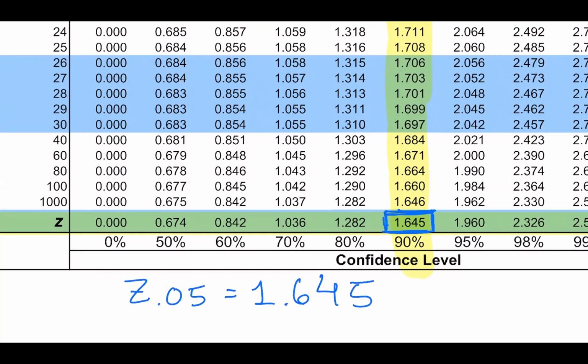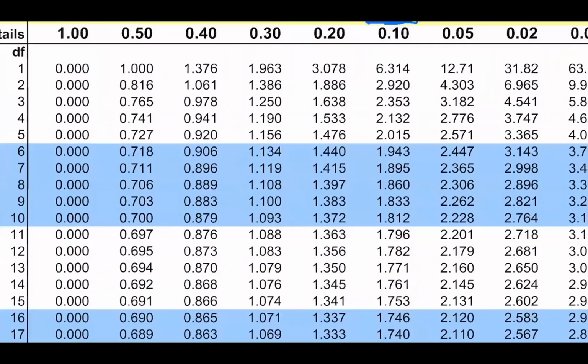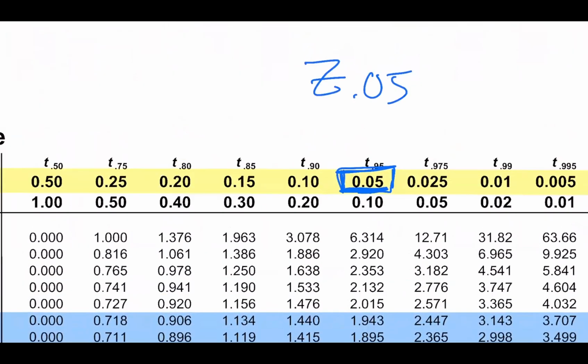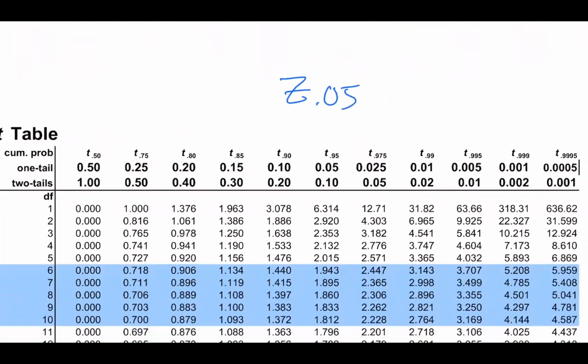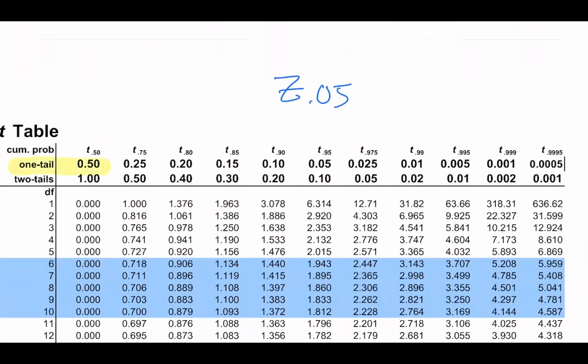Do you mind doing it one more time? Yeah, sure. So let me erase everything. All right, so right here where it says one tail, you want to look where it says 0.05.